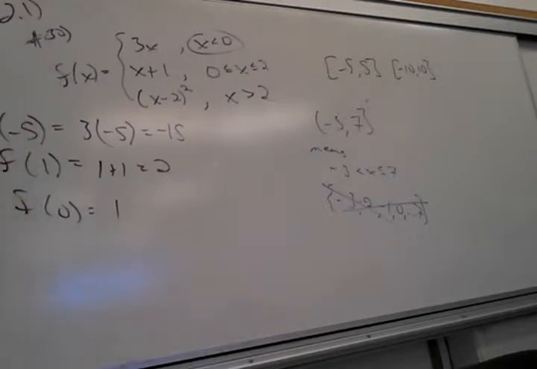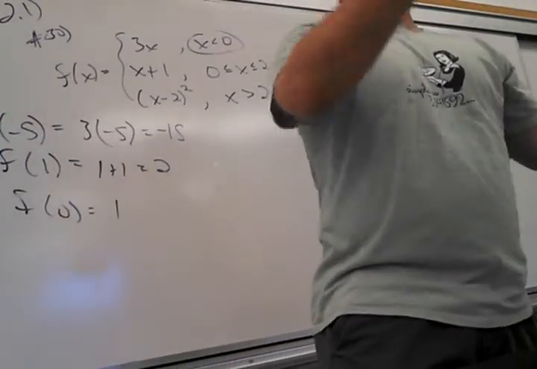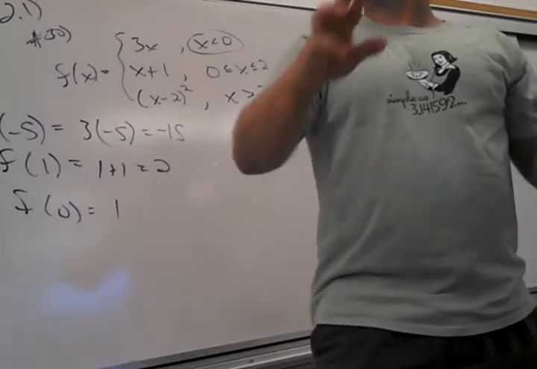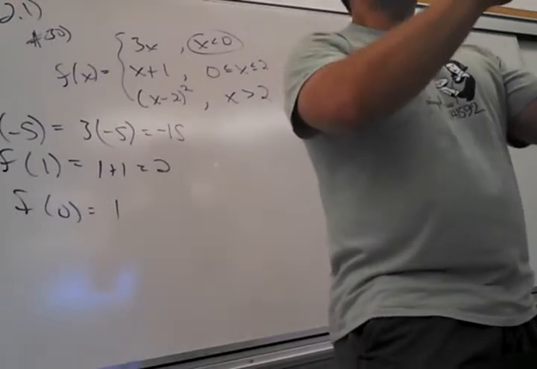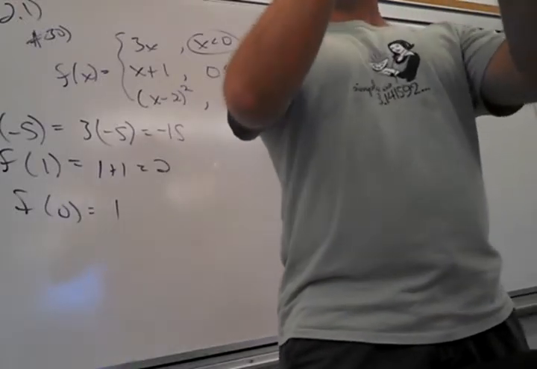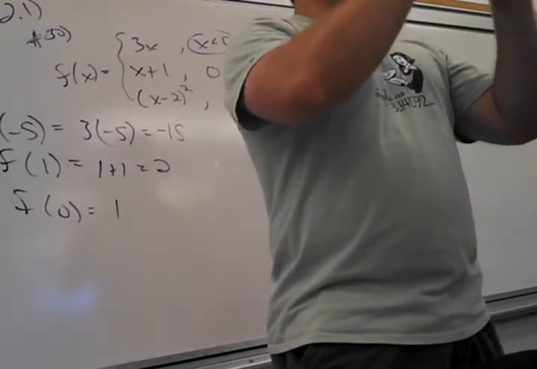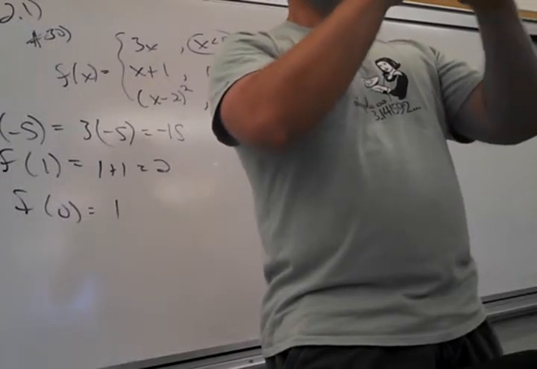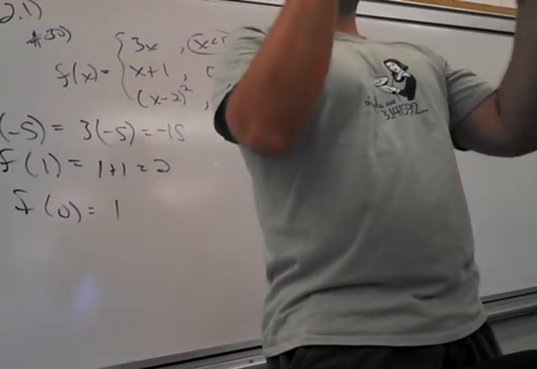Try to determine from number 20, where is this function increasing and where is it decreasing? It's very similar to the problem we did, where is it greater than 4? Similar kind of answer. So where's that function decreasing and where's that function increasing? Your answer will not be a point. It'll be some kind of interval.